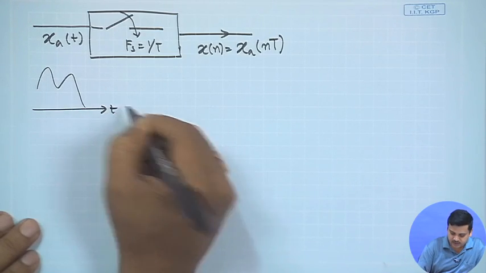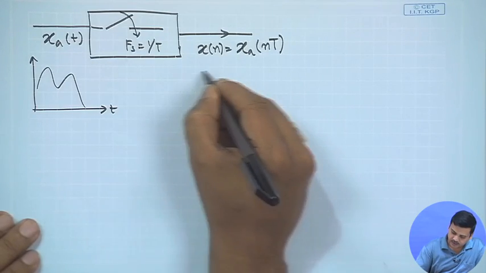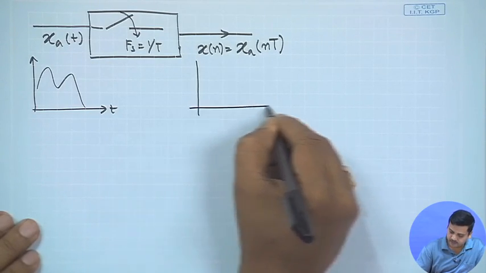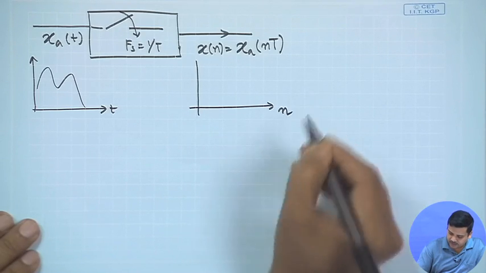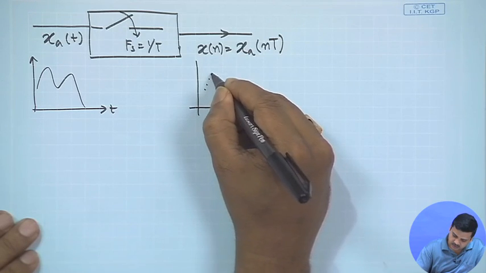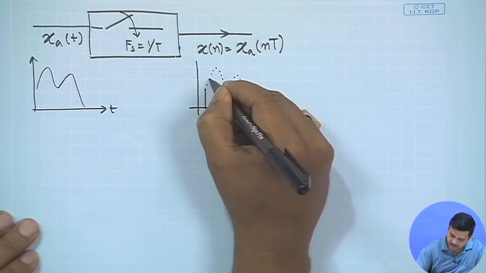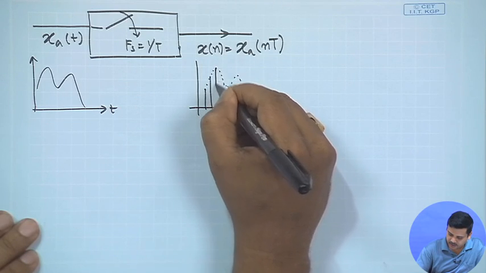Let us say this is t, this is x a of t, and here what you get, you will have n, and you are going to get the same signal, but a sampled version. Let us say we sample at these intervals.